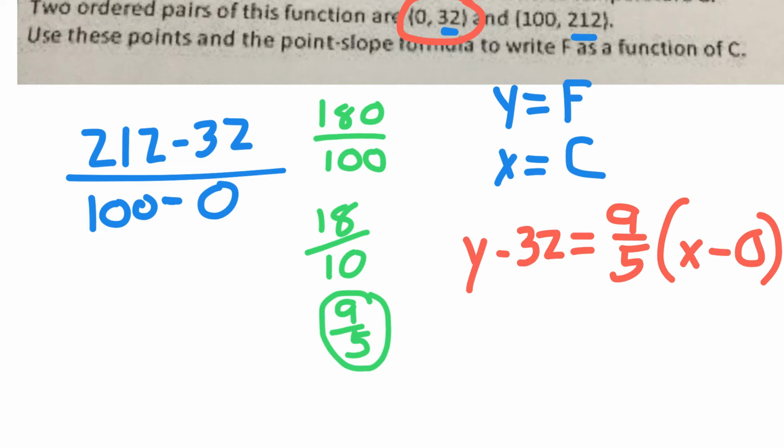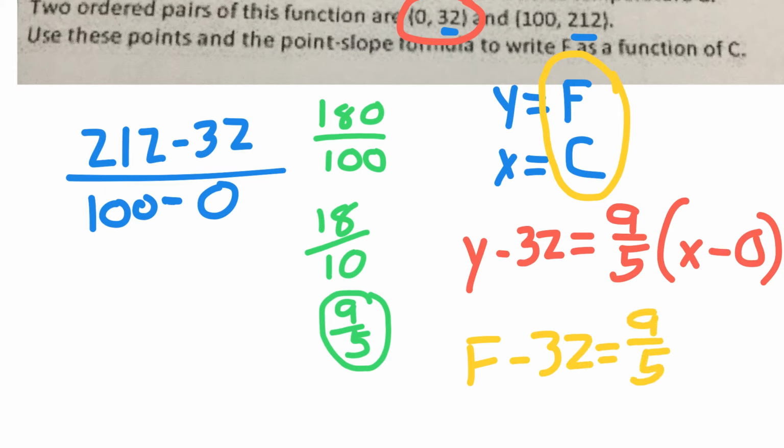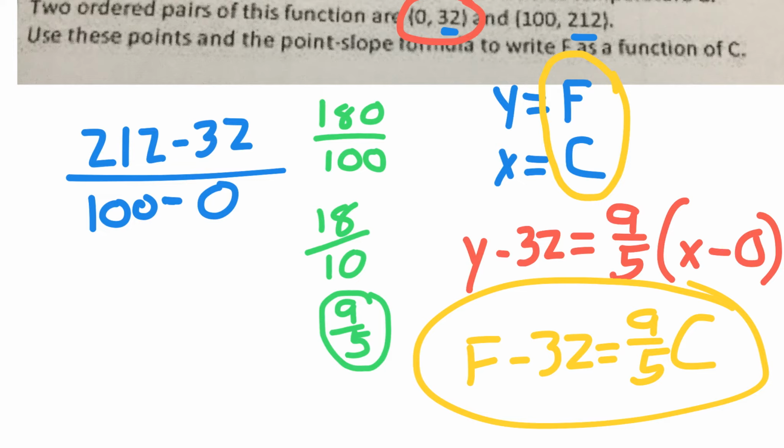Okay, but then let's substitute in because it tells me to write my function in terms of f and c. So instead of y, it should be f minus 32 equals 9/5 times c. And then you could put that c minus 0, but that really does nothing for me. So I would just simplify it like this.